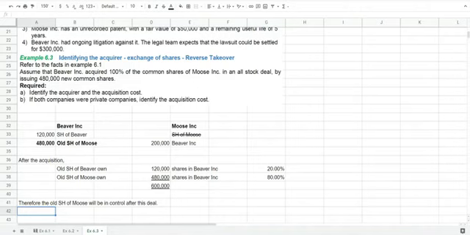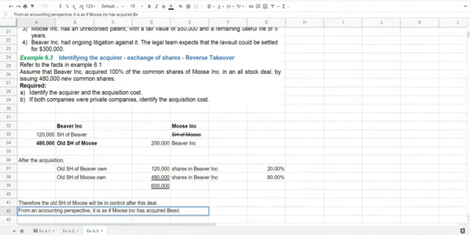So Beaver's shareholders have willingly gotten themselves into a situation where, on the surface, it seems like Beaver Company bought Moose, but the reality is that it's the former shareholders of Moose that are essentially taking over Beaver. So, from an accounting perspective, it is as if Moose Inc. has fired Beaver.